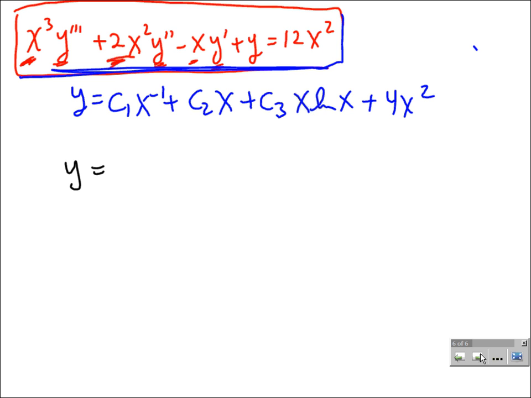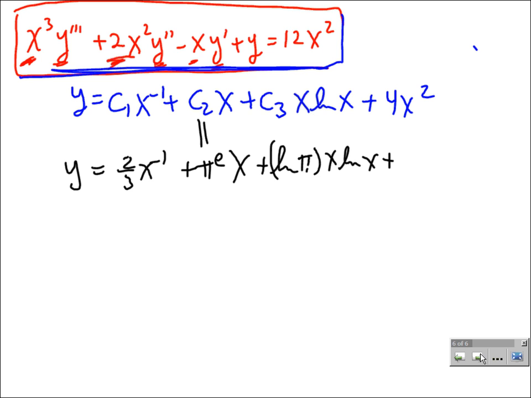Like y is equal to 2/3 x to the negative 1 plus pi to the e, that's a number, times x plus ln of pi times x ln of x plus 4x squared. These constants can be anything.